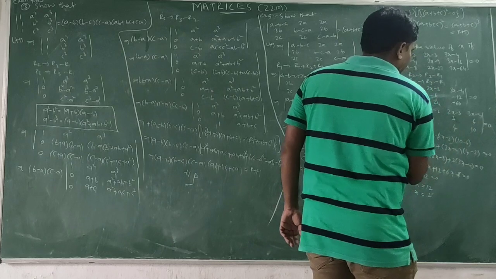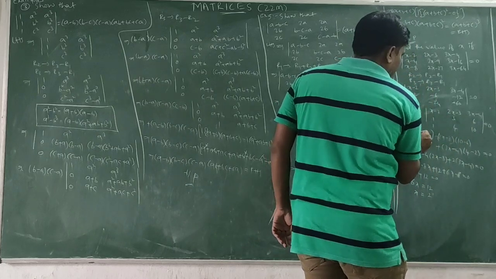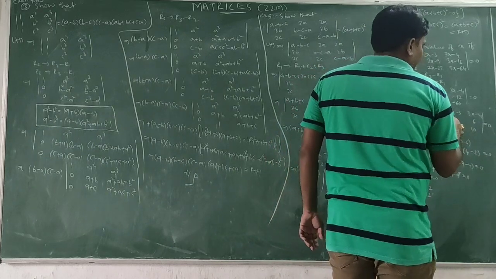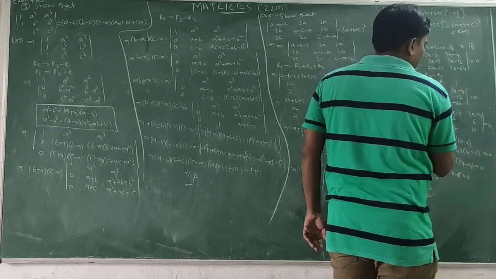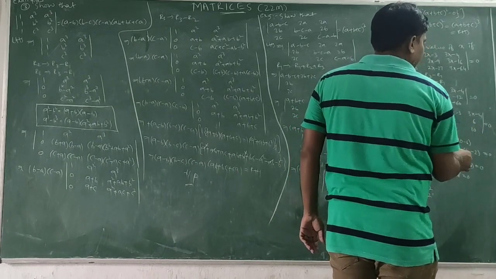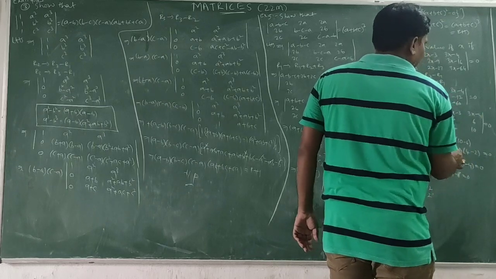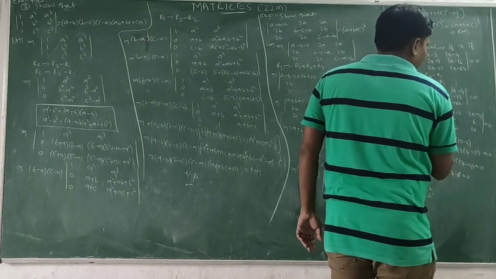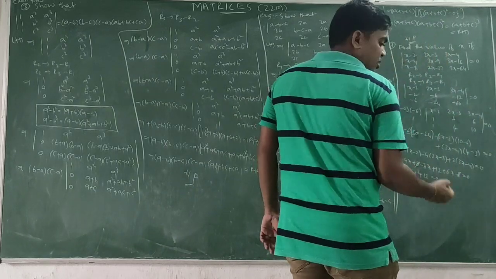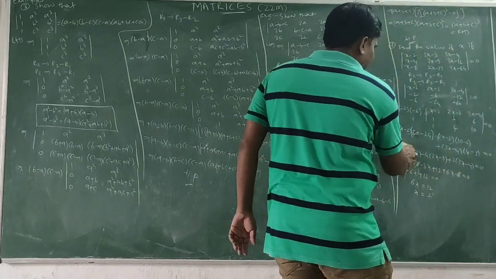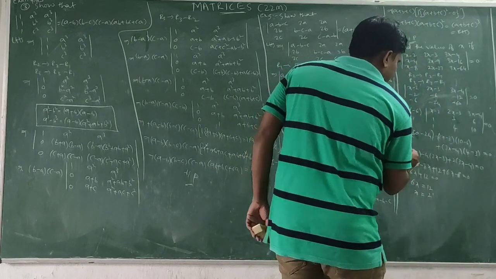So 3 into 10, 30. Next, 30 minus 24, so plus 6, this is plus 6.